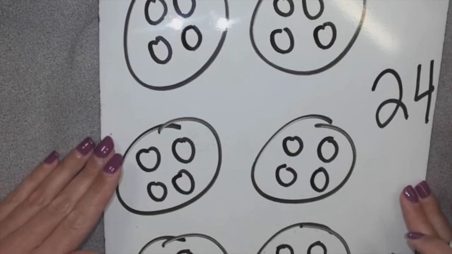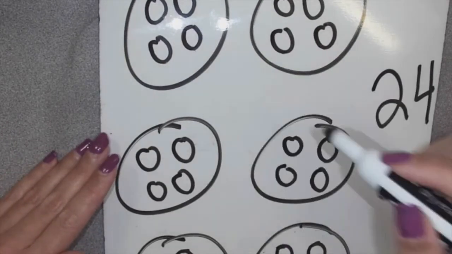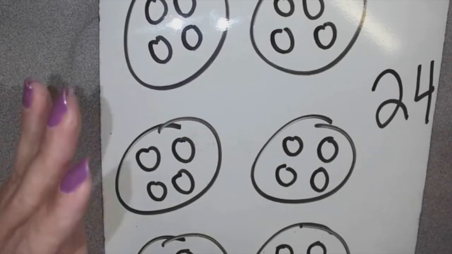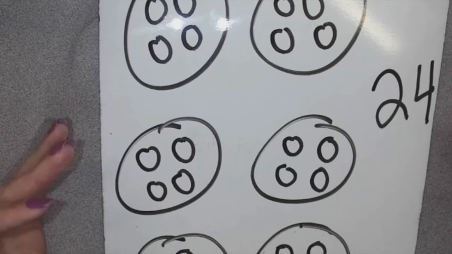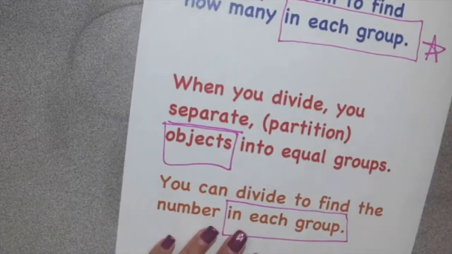All right, so I just divided out 24, and I placed them in 6 of these groups, and when I was done, I have 4 in each group. Okay? So boys and girls, that is how we can model division, we can draw pictures, or use counters to find how many in each group.